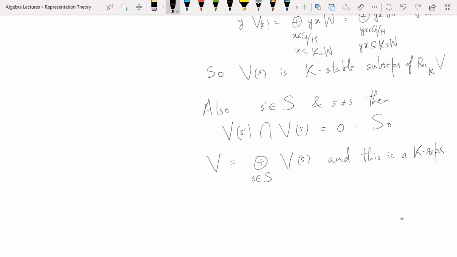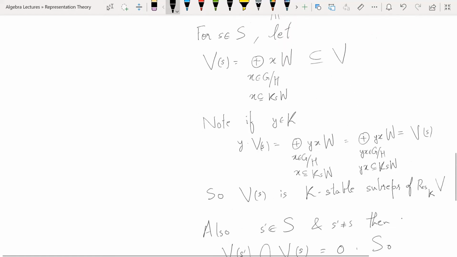This is the restriction of V to K, and as K representations they are Vs. To restrict means you put this notation, but essentially we are doing nothing.